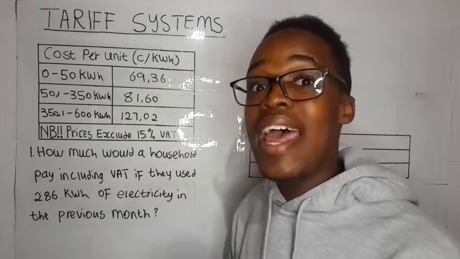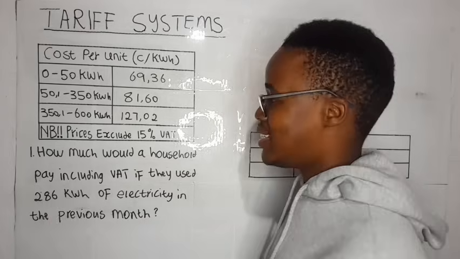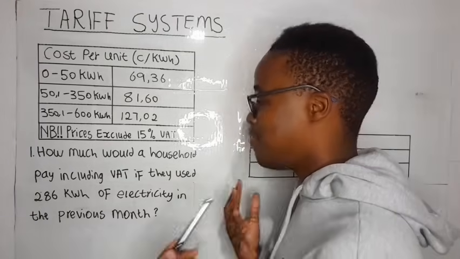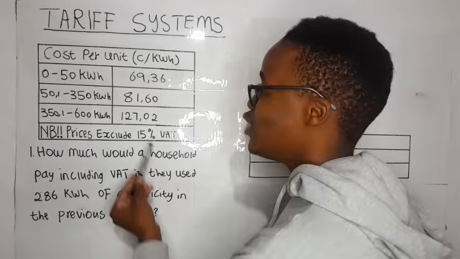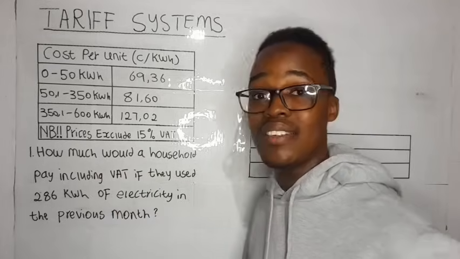Now we have gone through the table, and we understand each and every piece of information on it. Now we go to the question. The question says, how much would a household pay including VAT? Remember, the prices exclude 15% VAT.